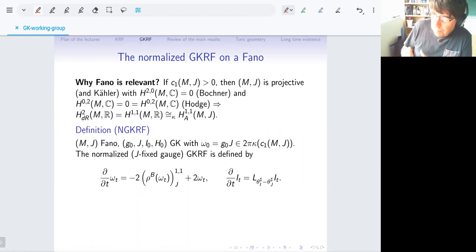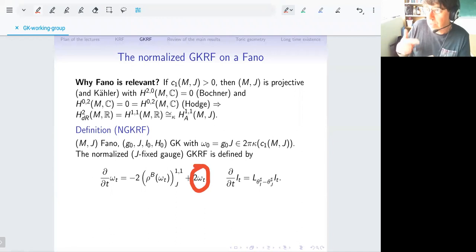Now what we did in the Kähler case, we normalized the flow, and we will do the same thing here. So we will normalize it in some clear way. Instead of the original generalized Kähler-Ricci flow, we will add a factor of 2 in here. The same local representation trick allows us to go from the generalized Kähler-Ricci flow to this normalized version, and in particular, this will be pluriclosed flow.